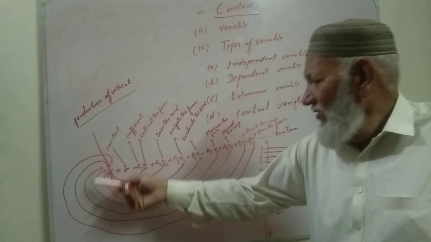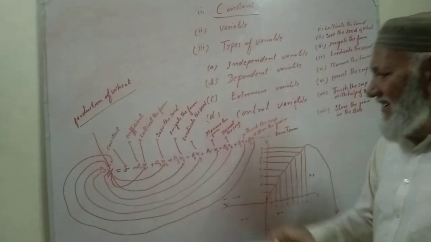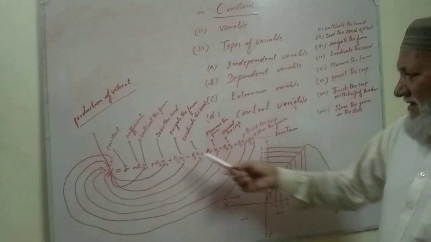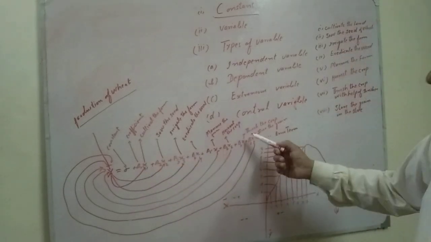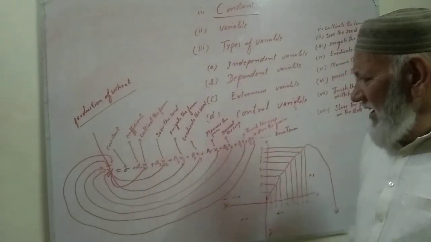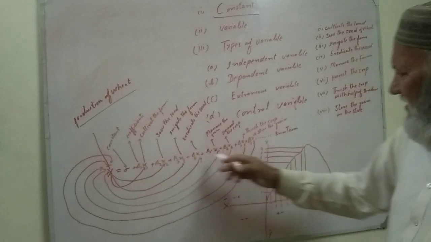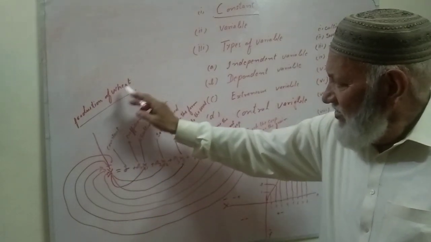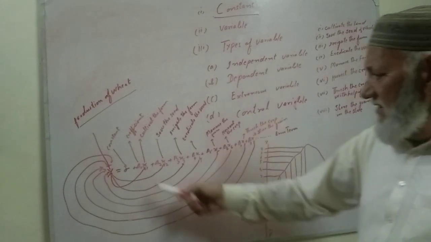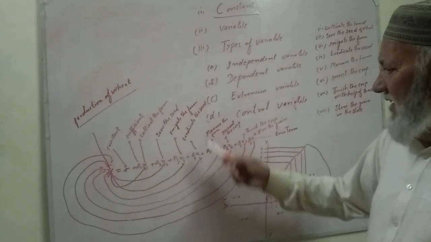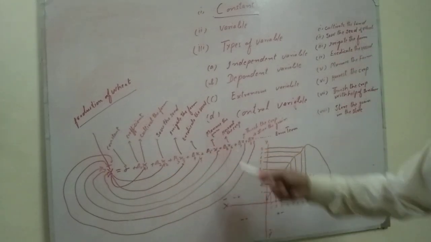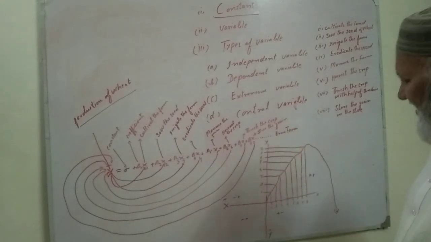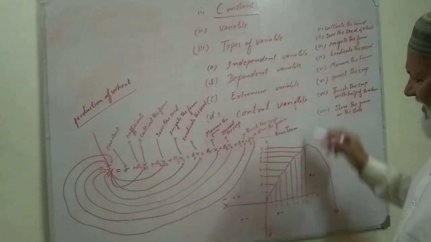Already I have told you about the model. This is the regression model, and it is the simple form of the problem. There are so many independent variables which affect the Y, the production of wheat. There are x1, x2, x3, x4, x5, x6, x7 and x8, and there is the error term.